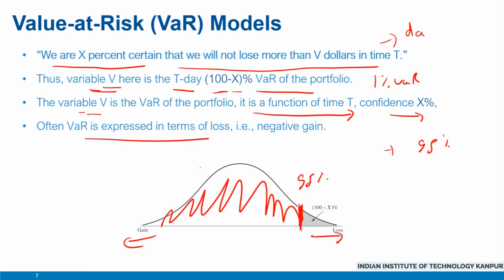Then VaR is expressed in terms of losses or negative gain, and we say that on the loss function this is the 95% VaR. So the cutoff point is the 95% VaR, and we make again the same statement that we are 95% certain that we will not lose more than V dollars, which is this cutoff point, in time T.